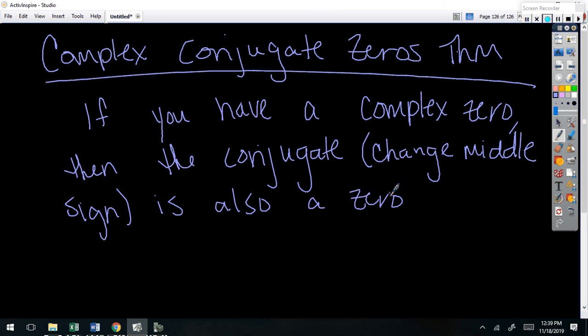And I'll give you a second to catch up on that. So let's say that I told you that a function had a zero of 2 plus 3i. Then you must know that what else is a zero? 2 minus 3i.